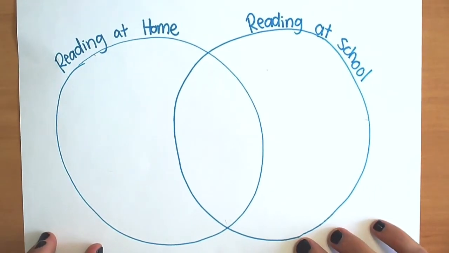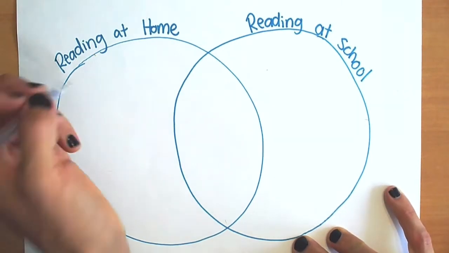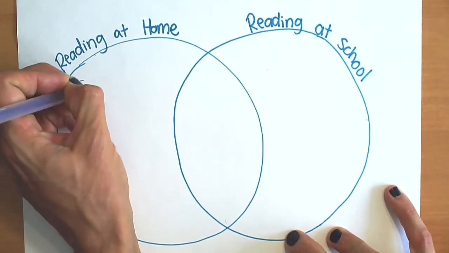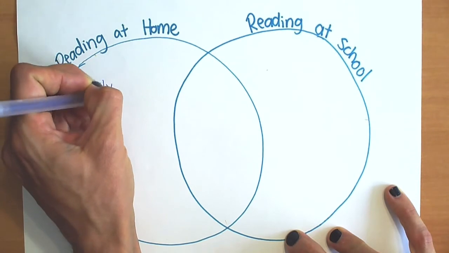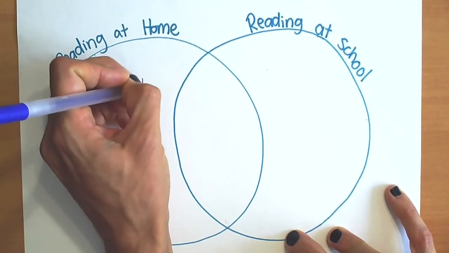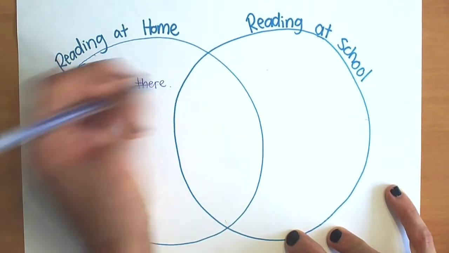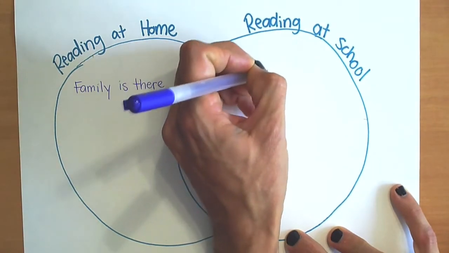So when we think about reading at home, you might think that your family is around. And when we're at school, your classmates are there.